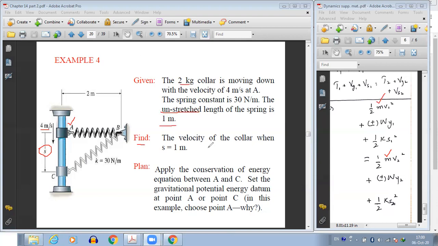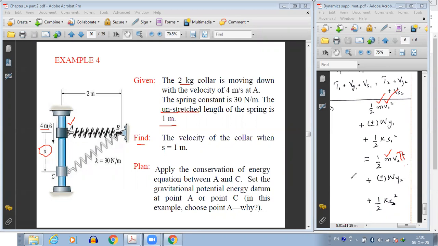We know what the mass is. The next thing is the initial velocity at A: the velocity of the collar is 4 meters per second, so we know the velocity V1. And what do we want? We want to find the velocity of the collar when s equals 1 meter, so we need to find V2. This V2 is unknown. This is what we want to find out.